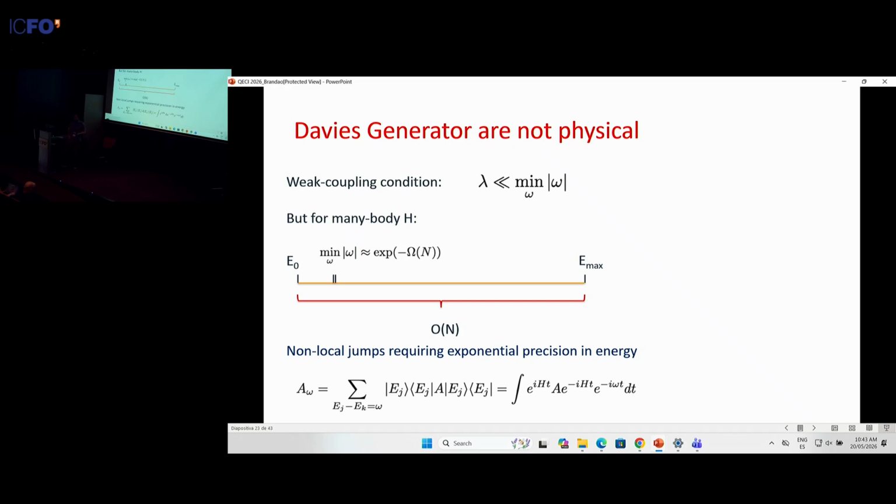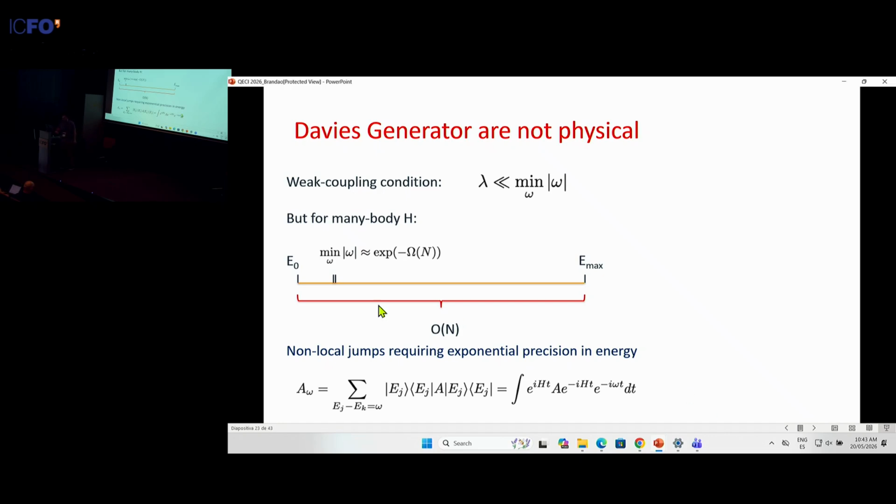Davies has to assume some kind of weak coupling regime where lambda is much smaller than the minimum energy gaps of these eigenvalues for the derivation to work. This is fine, and this gives a Lindbladian that converges. But it only mimics what the physics is doing in some unphysical weak coupling regime, where the coupling is exponentially small in the system size.